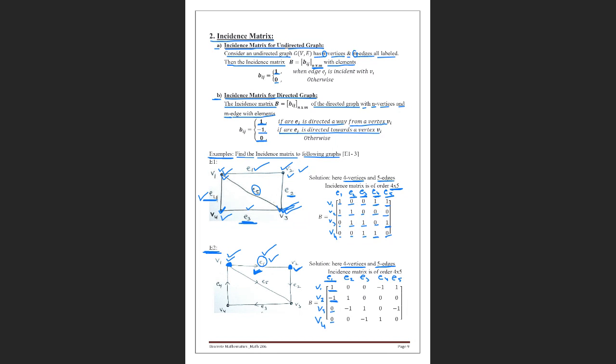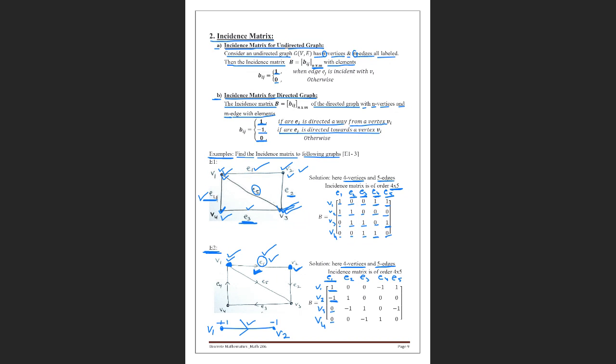Okay. Right. See, if an edge is here, at V2, and here at V1, see this, here V1. Okay, and the arrow. So the arrow goes this way, meaning this vertex gets -1 and this one gets +1.